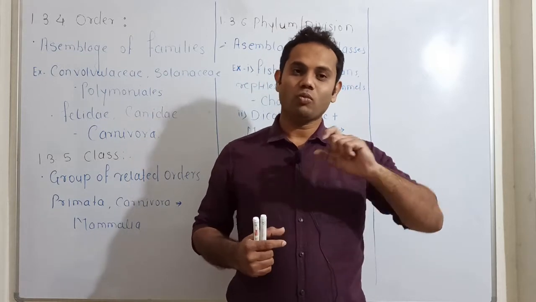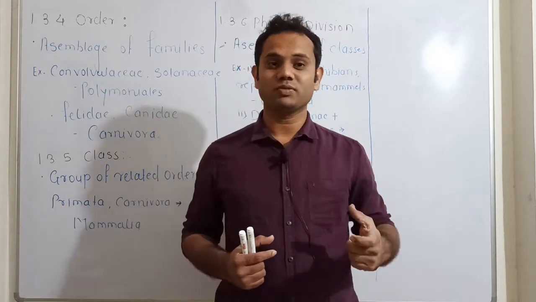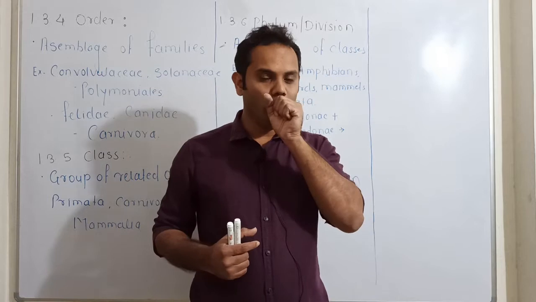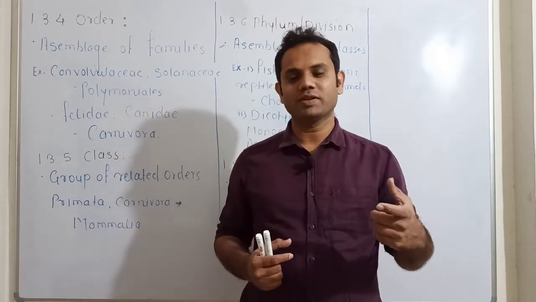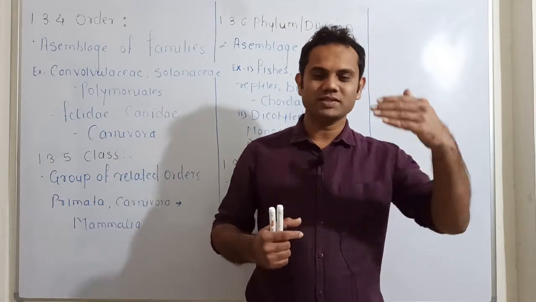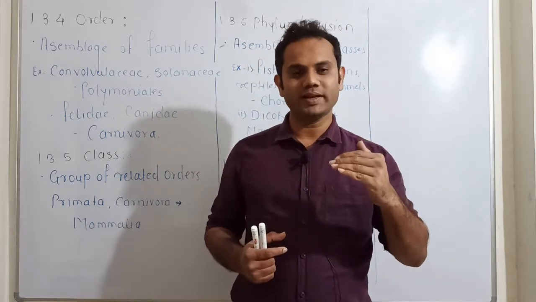Then we have seen what a species is, Ernst Mayr's concept of biological species, and examples of different species. We have also seen that species is the lowest or smallest taxonomic category.